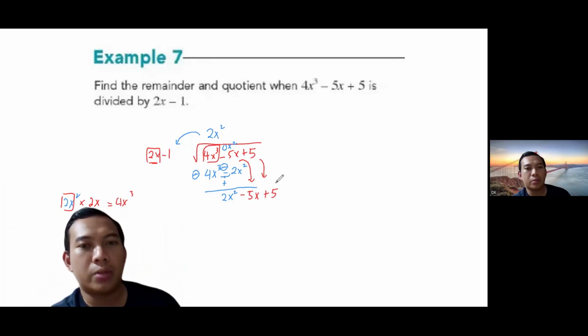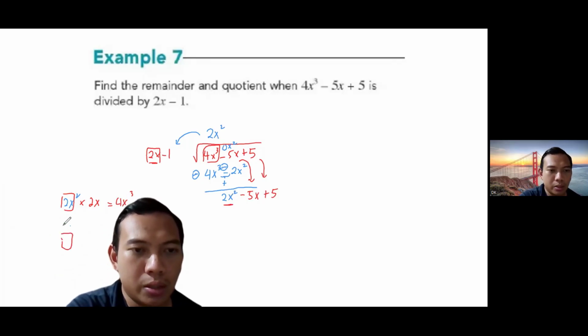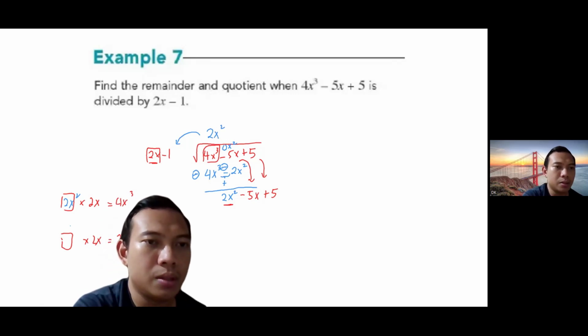So now the question is, what? We continue on. Now we have 2x squared, and we have 2x. So what times 2x gives you 2x squared? I think this one is quite simple.